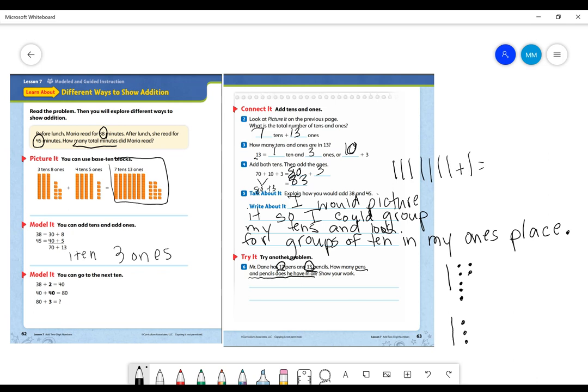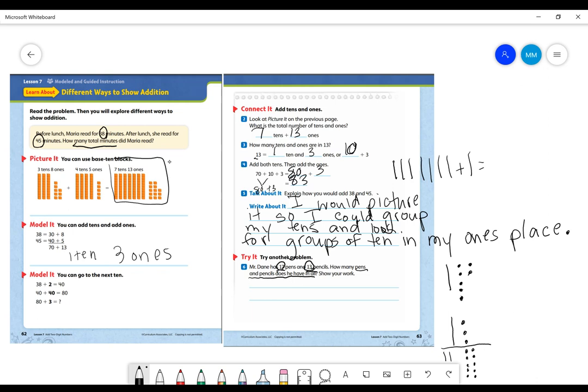So now I can add my parts together. So I have 2 tens and let's see, 5, 6, 7 plus 3. So 1, 2, 3, 4, 5, 6, 7 and 17 and 3 and 13.